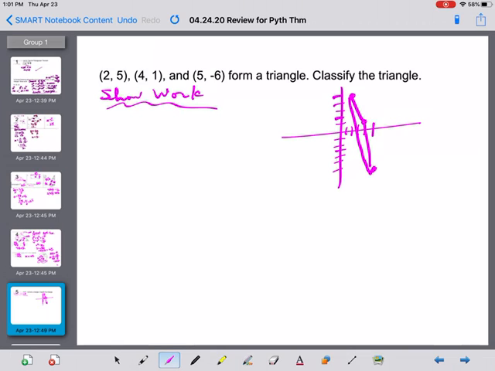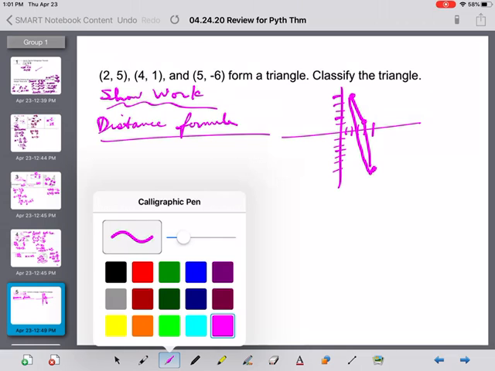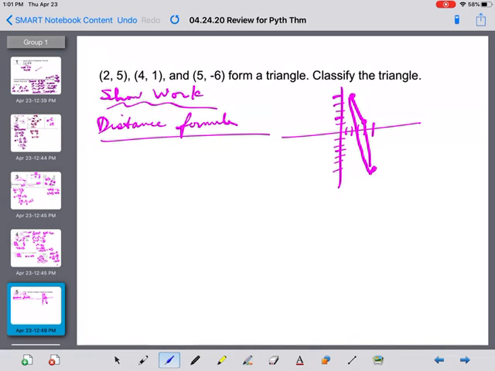So let's prove it. Let's prove the classification. So we're going to use the distance formula. I'm going to change the color.